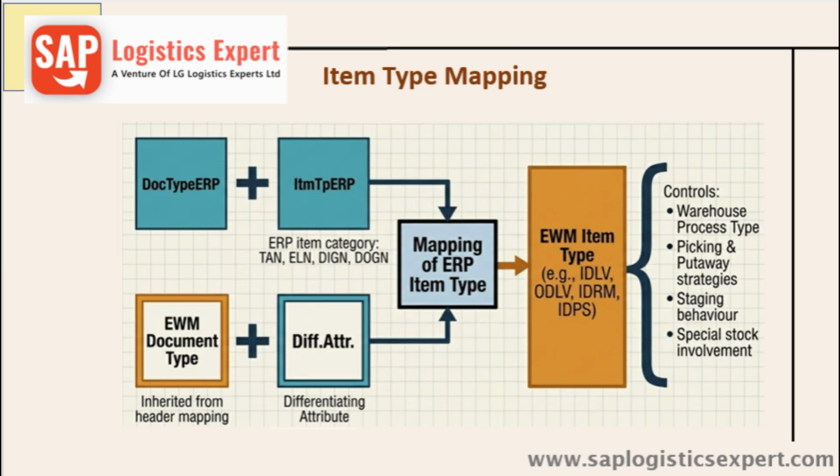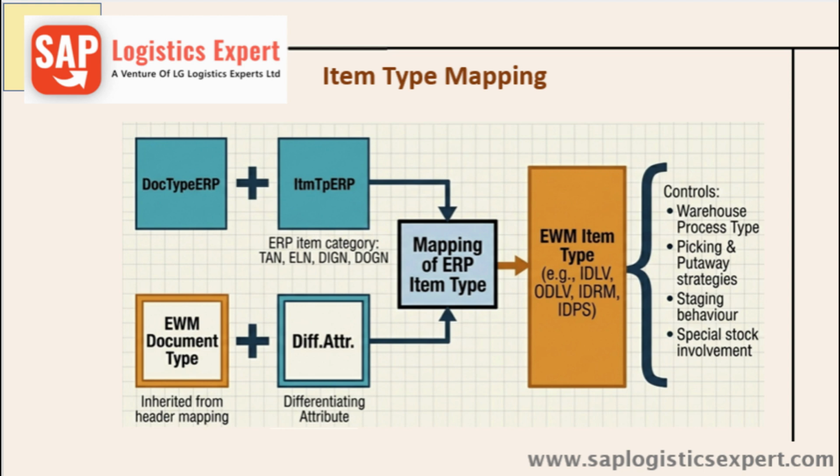Next configuration is item type mapping. Header mapping defines the document. Item mapping defines the actual warehouse behavior. Key fields in the item type mapping are: number 1 is the ERP document type like DIG, DOG, etc. Number 2 is ERP item category like TN, ELN, DIGN, DOGN, etc. Number 3 is EWM document type, which is determined from the previous configuration, header mapping.